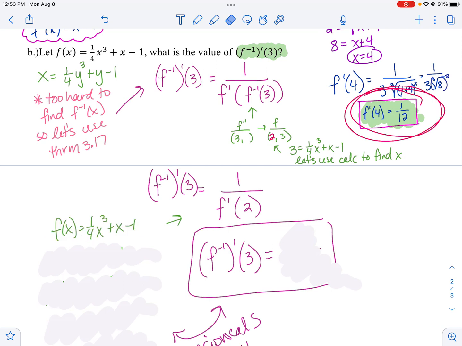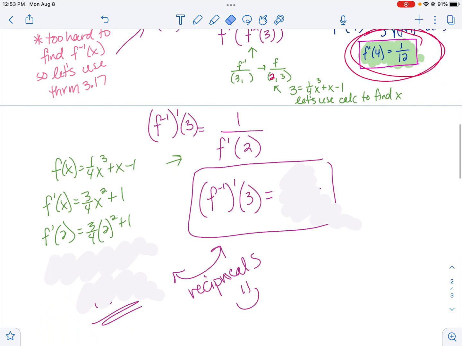So let's find the derivative of f. Remember, if f is 1/4 x cubed plus x minus 1, I can find its derivative. And then I want to plug in 2, so I can find the derivative of f at 2. I end up getting 4. So if the derivative's value at 2 is 4, then that means the inverse's derivative at 3 is 1/4. Remember, they're reciprocals of each other.